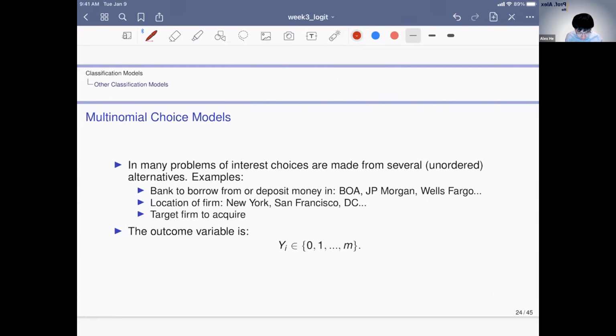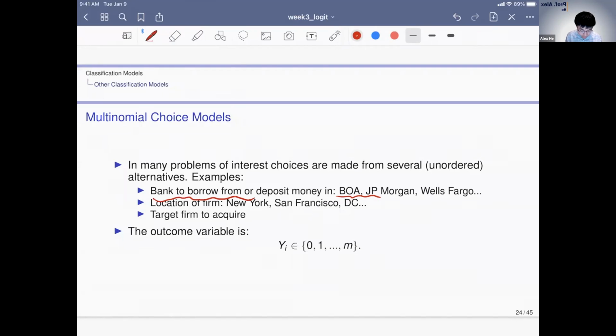So for example, let's say your outcome is which bank you borrow from, and that can be either Bank of America, JP Morgan, Wells Fargo, one of many banks. So it can take many categories, but still it's not a continuous number. It's just a bunch of categories.